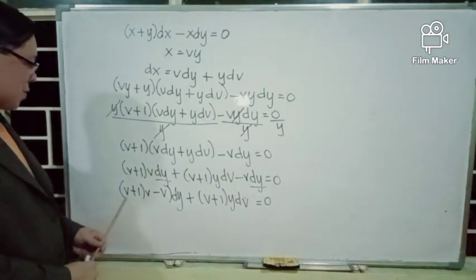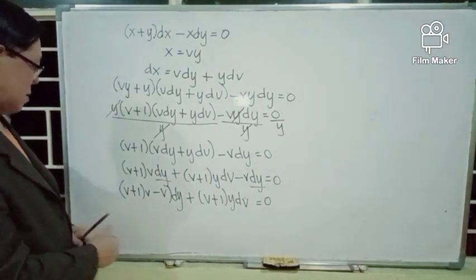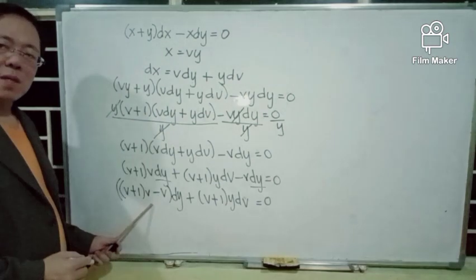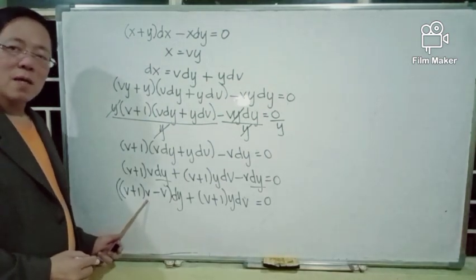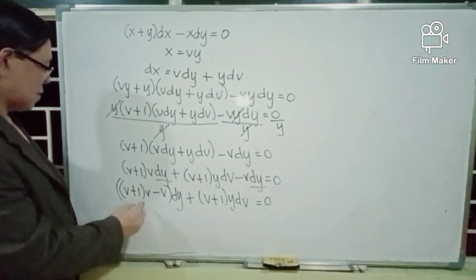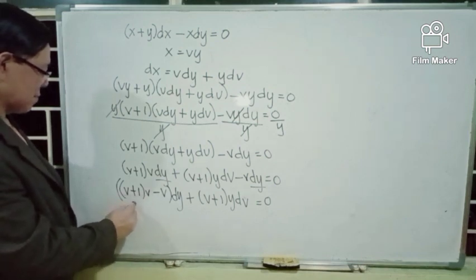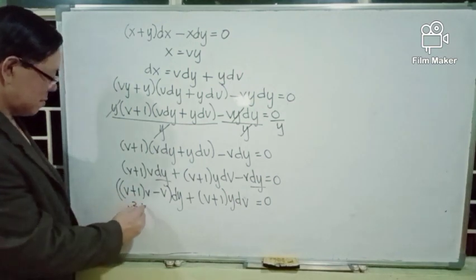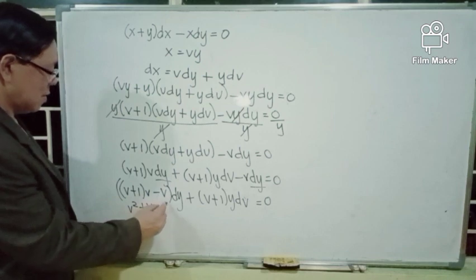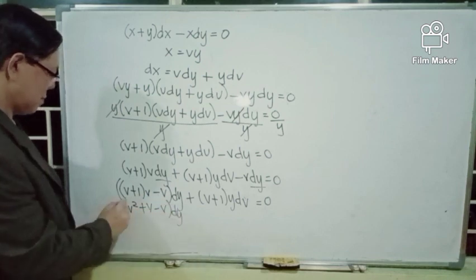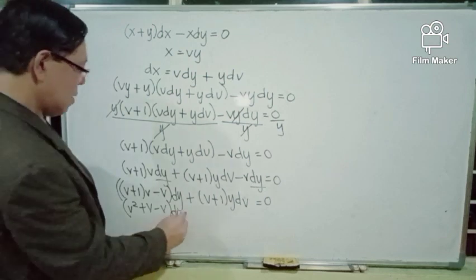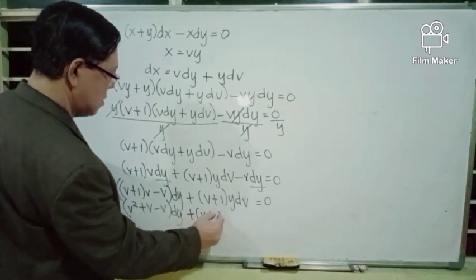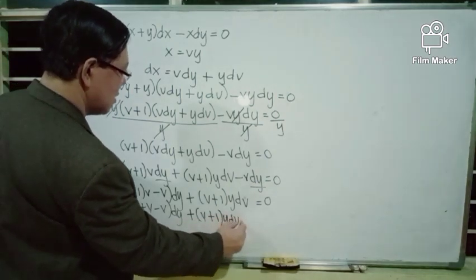Now here we distribute v. Multiply v plus 1 by v, that is the right distributive property of multiplication. v times v is v squared plus v times 1 is v minus v, multiplied by dy, plus v plus 1 y dv equals 0.